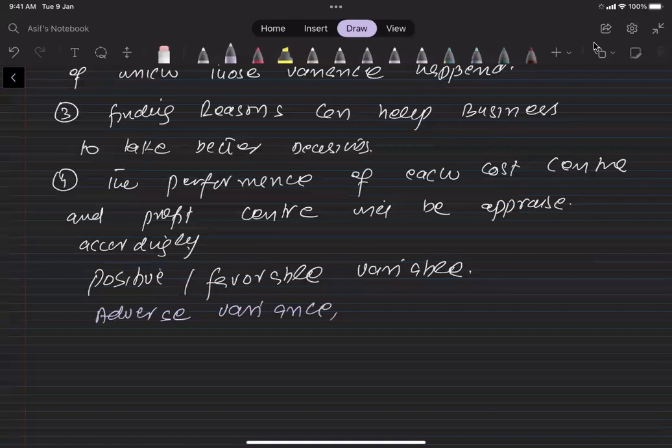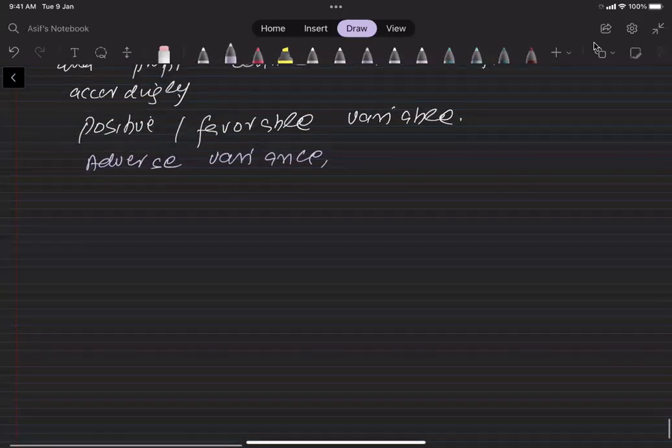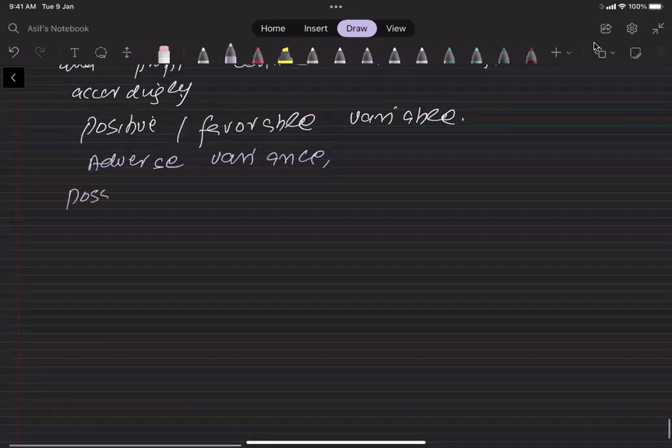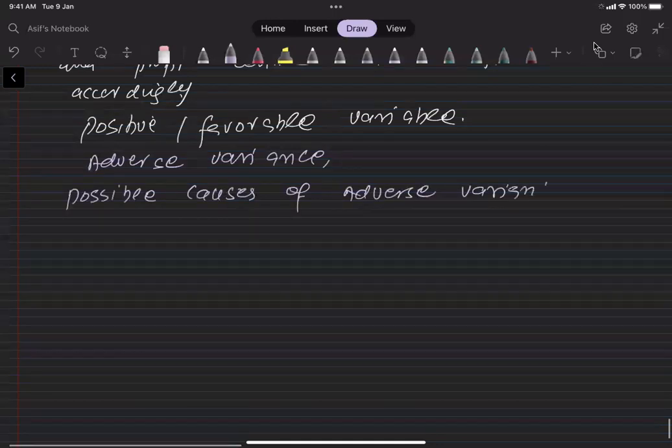Let's talk about the possible causes of adverse variance. If revenue is below the budgeted, it might be because fewer units are sold, or there are some other reasons, like competition.